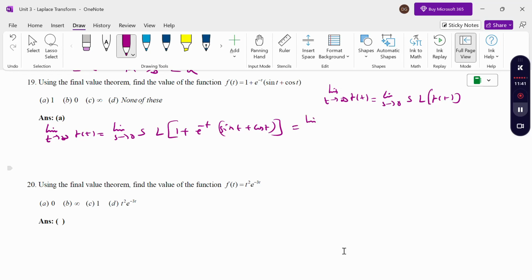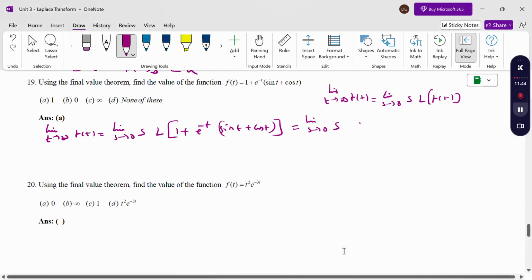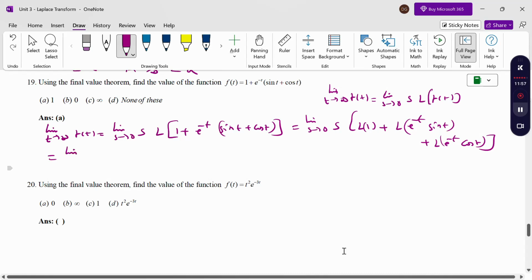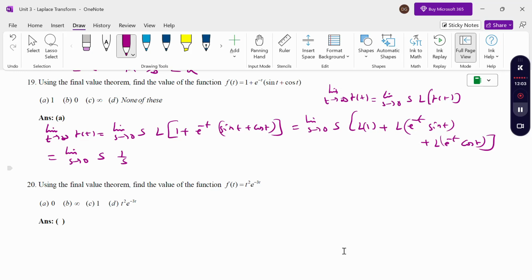Now limit s tends to 0 s into L of 1 plus L of e power minus t sin t plus L of e power minus t cos t. Therefore limit s tends to 0 s into 1 by s plus 1 by s plus 1 whole square plus 1, plus s by s plus 1 whole square plus 1.